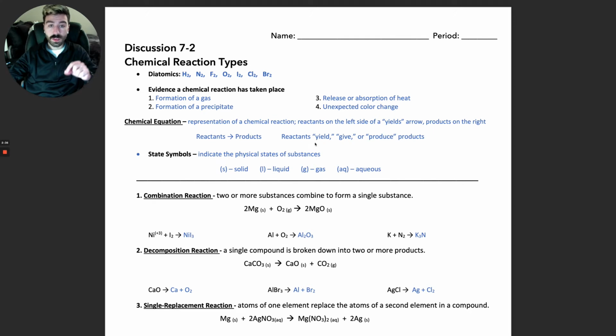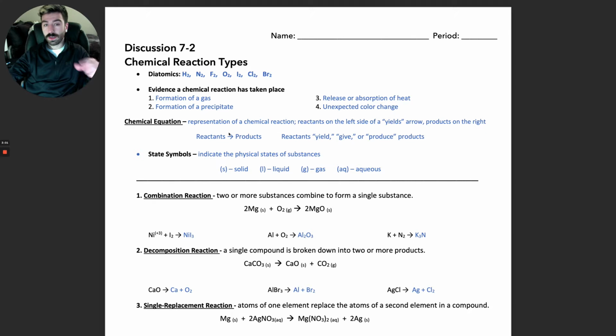You could say yield or give or produce or make or whatever. This is kind of like the equal sign in an equation in math, except it's not equals because it's directional, right? So these react to produce this. The reactants react to yield or to make or to produce the products, right?